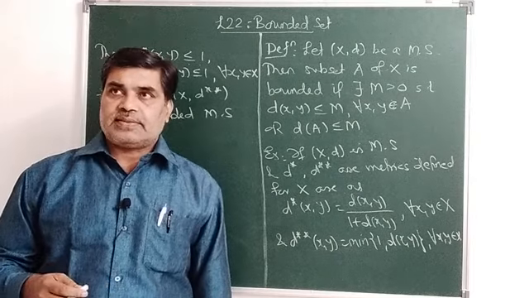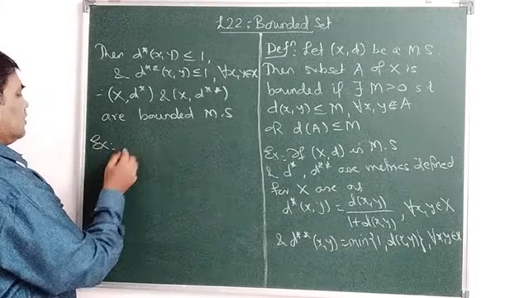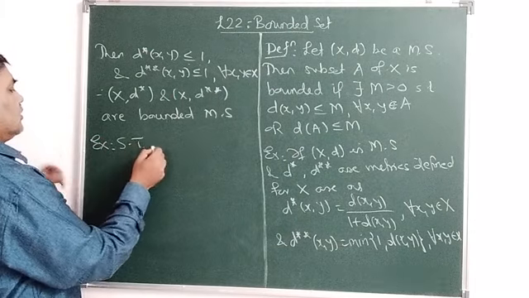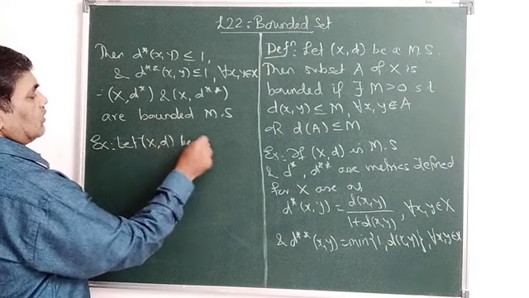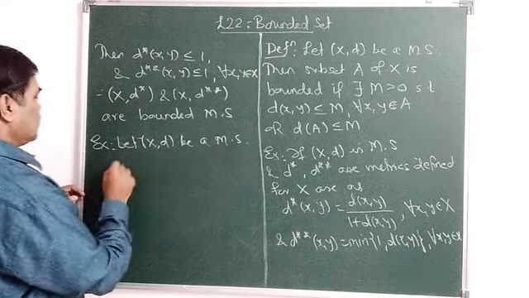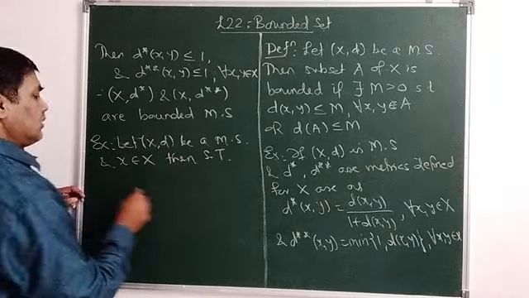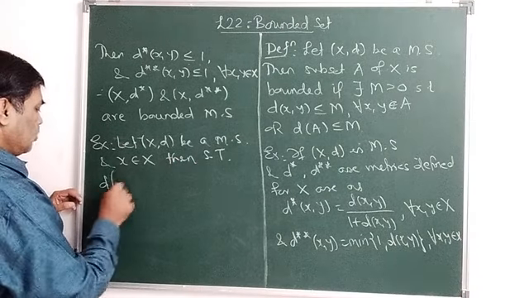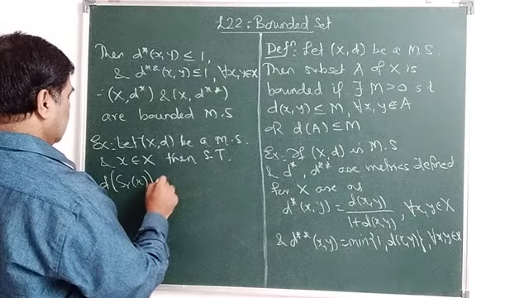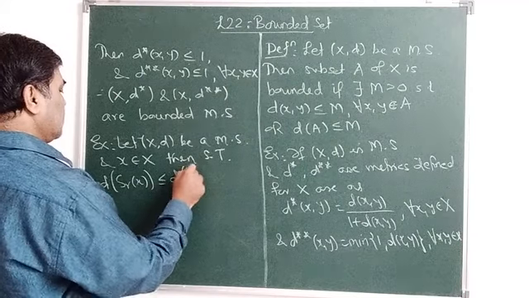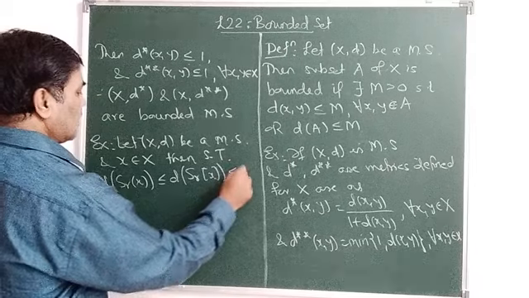So take the example: let (X, d) be a metric space and x belongs to X. Then show that diameter of open sphere S_r(x) is less than or equal to diameter of closed sphere S_r[x], which is less than or equal to 2r.